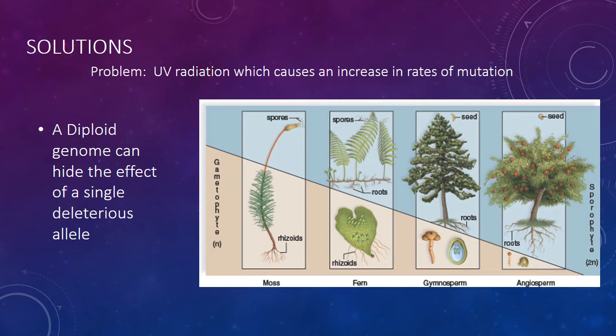So when we look at this chart right here, you'll notice that this section here is the haploid portion, or the time spent in the haploid portion of the life cycle, whereas the blue is the amount of time spent in the diploid part of the life cycle. So our more simple plants like the mosses spend more time in the haploid phase, and then as we get more and more complex, the time spent in the diploid phase becomes larger.